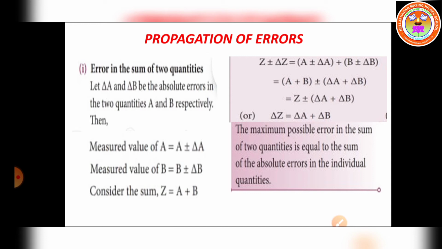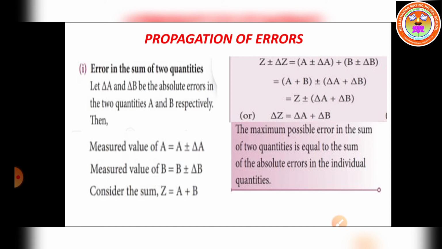The various possibilities of the propagation, the combination of errors in different mathematical operations, are discussed here. The first one, error in the sum of two quantities. Let delta A and delta B be the absolute errors in the two quantities.